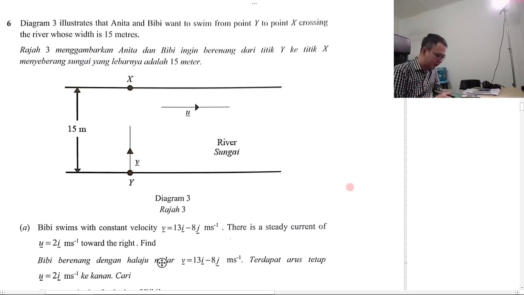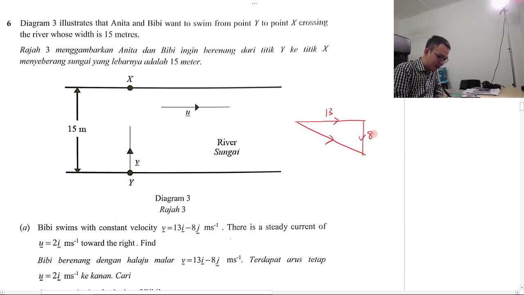So if this is the direction, 13i minus 8j, the direction is basically like this. 13i, right? Minus 8j, so the 8j is going in this direction. So your vector looks kind of like this. So this is your vector for 13i minus 8j. It goes in this direction.